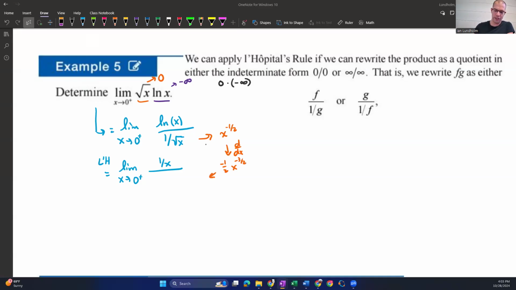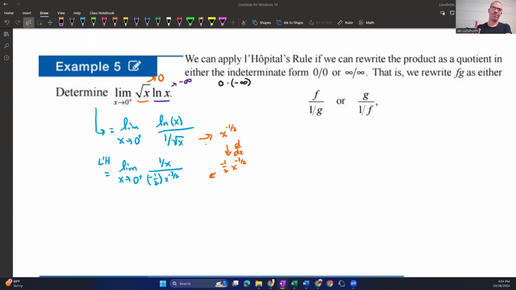So we can bring that over here and say negative 1/2 times x to the negative 3/2. Actually, it'd be good to have 1 over x there. We can do that in the next part. Okay, so this is good.